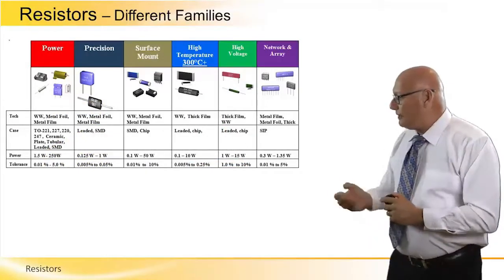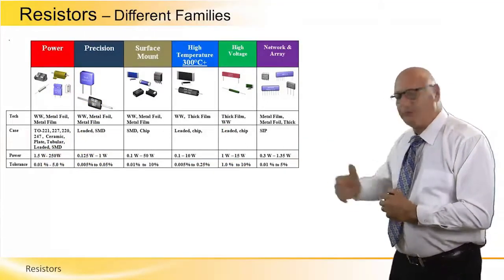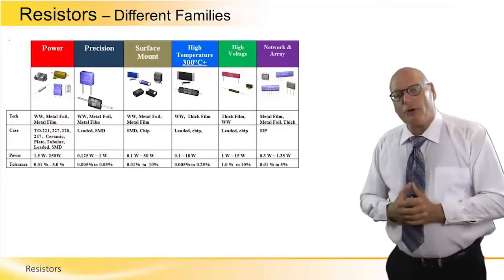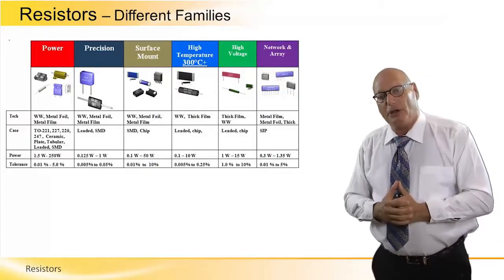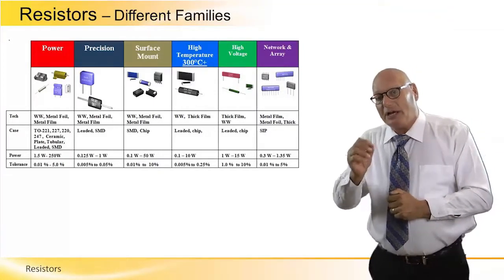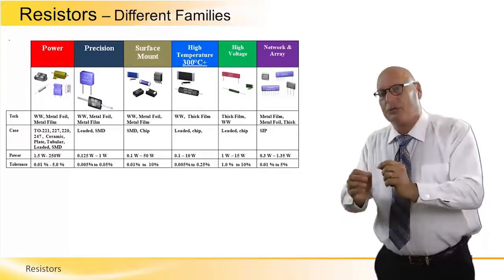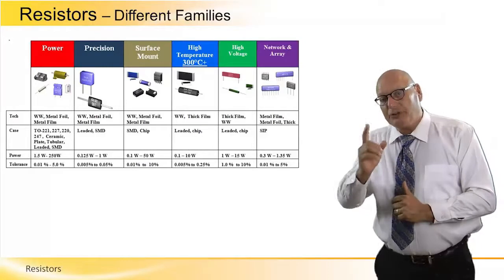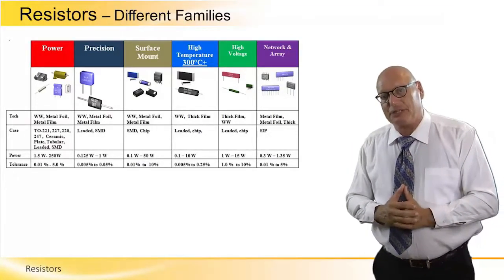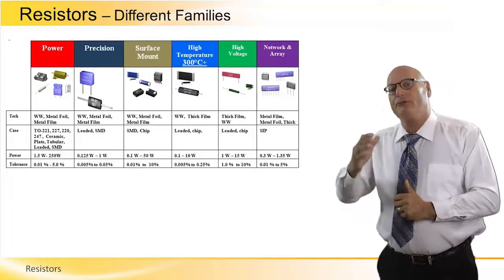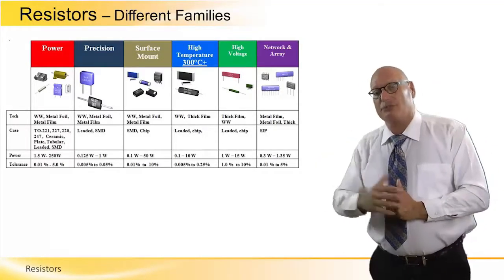And we have different applications for resistors. We have power, precision on the second left, we'll talk about it in a minute. We have surface mount resistors in different technology, we'll talk about that. We have the high temperature, all the way up to 300 degrees centigrade. We have the high voltage, 2 kilovolts.